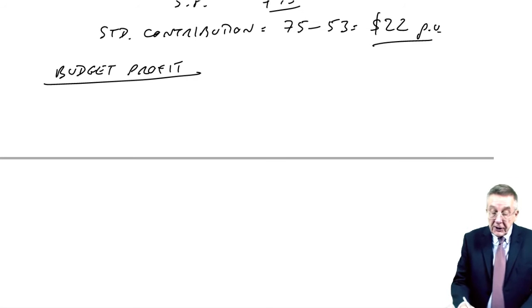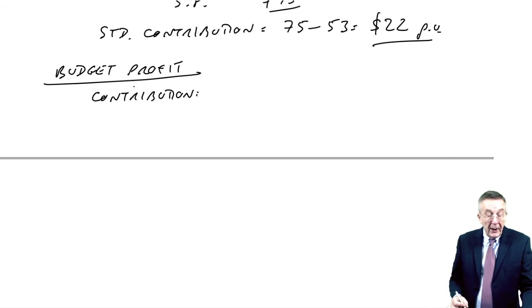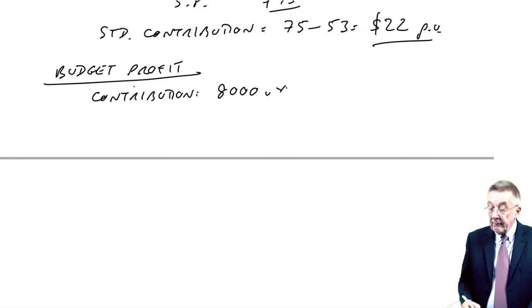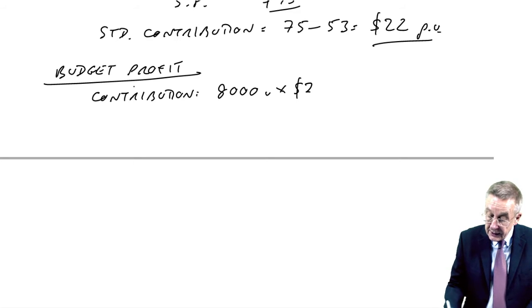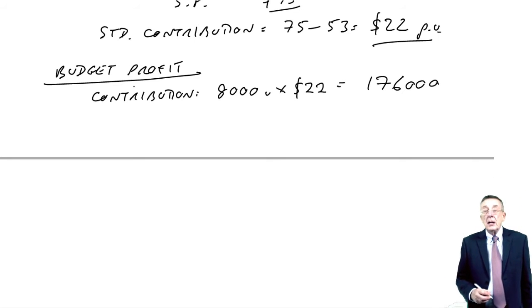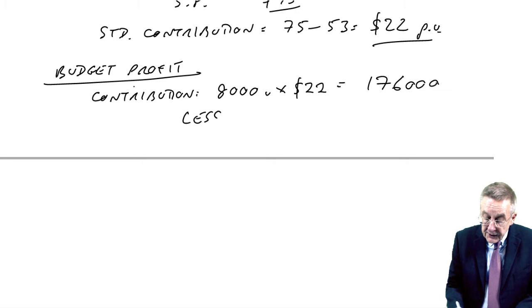The budget profit, well, first of all, the budget contribution. We are budgeting on selling 8,000 units. The contribution should be $22 a unit, 176,000. For the profit, subtract the fixed overheads.